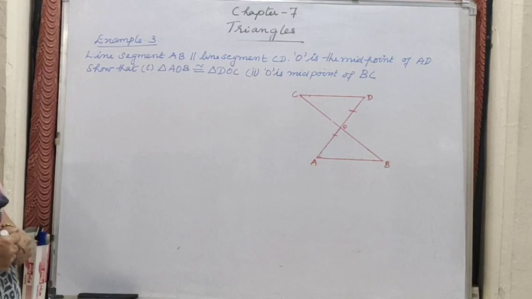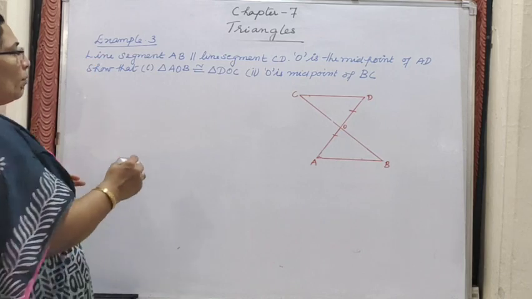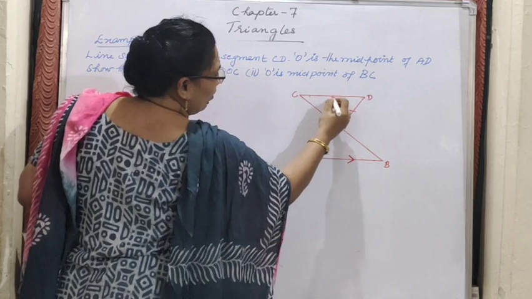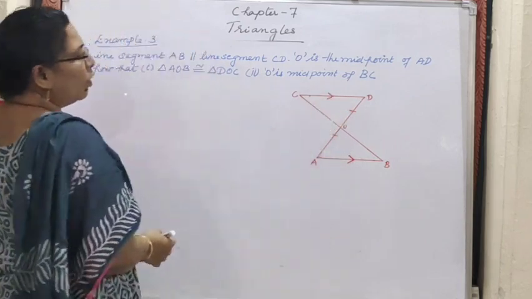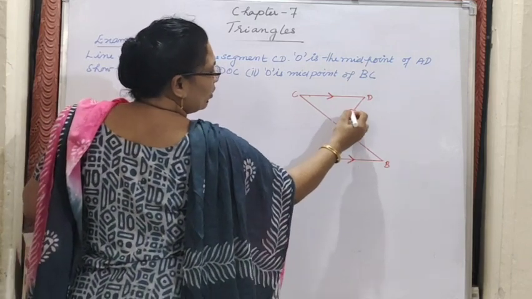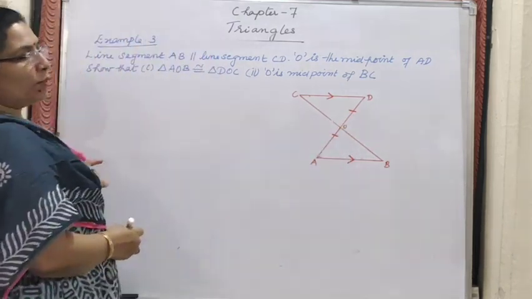In the figure the midpoint is marked, but the parallel sign is not marked. So line segment AB parallel to line segment CD, so we'll mark AB parallel to CD, right? O is the midpoint of AD. It is already given here, because by marking the equal sign it is very clear that O is the midpoint.